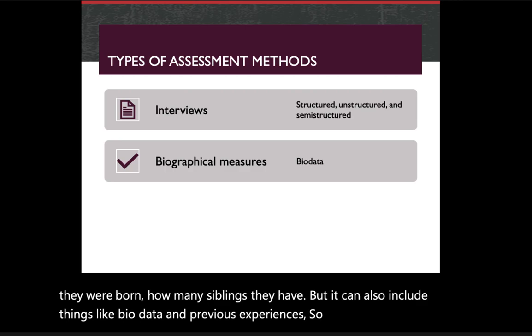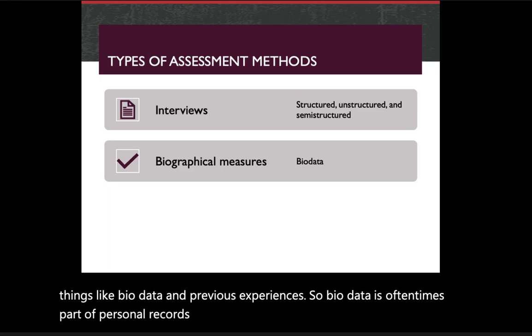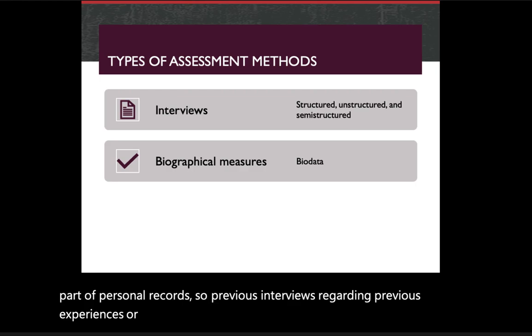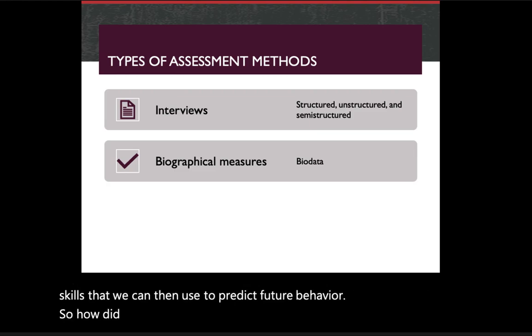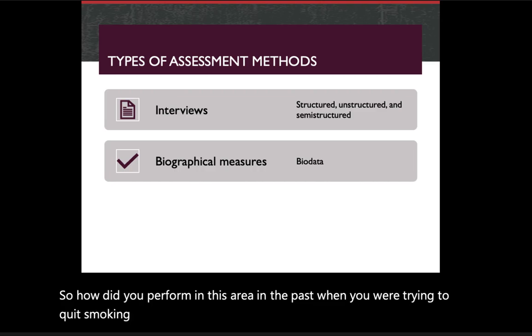Biodata is oftentimes part of personal records, such as previous interviews regarding previous experiences, or having clients provide information about experiences or skills that we can then use to predict future behavior. So, how did you perform in this area in the past? When you were trying to quit smoking, what did you do? How well did it work?